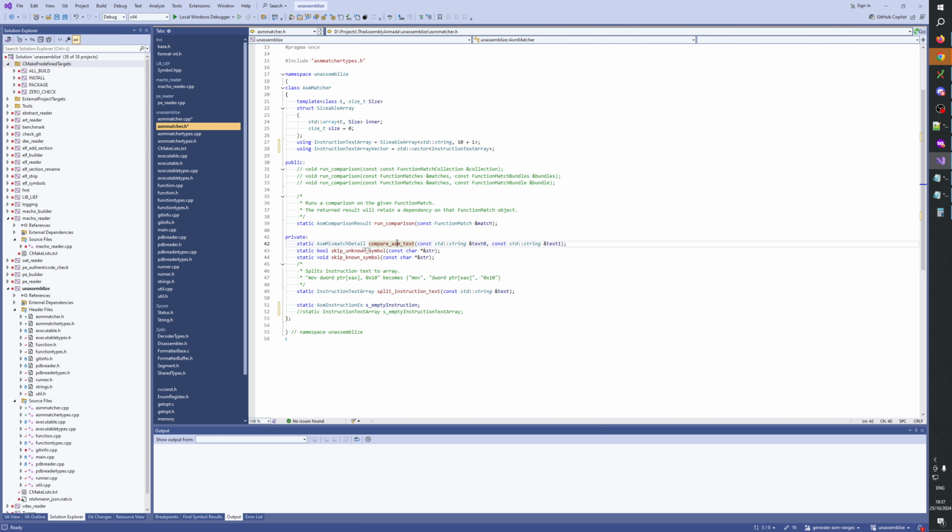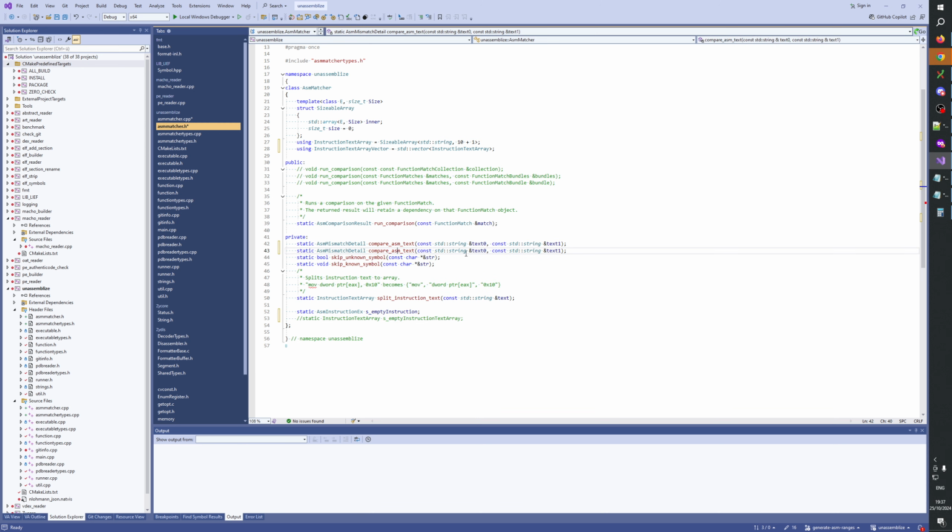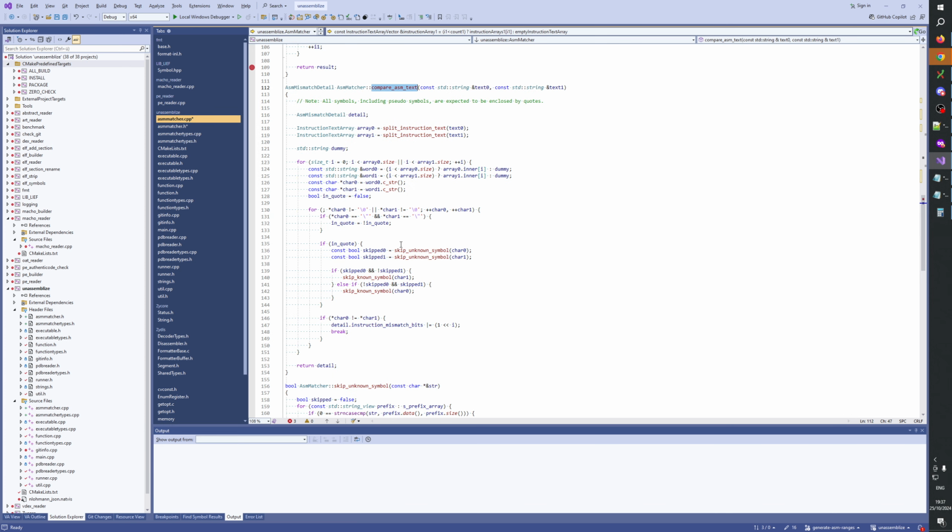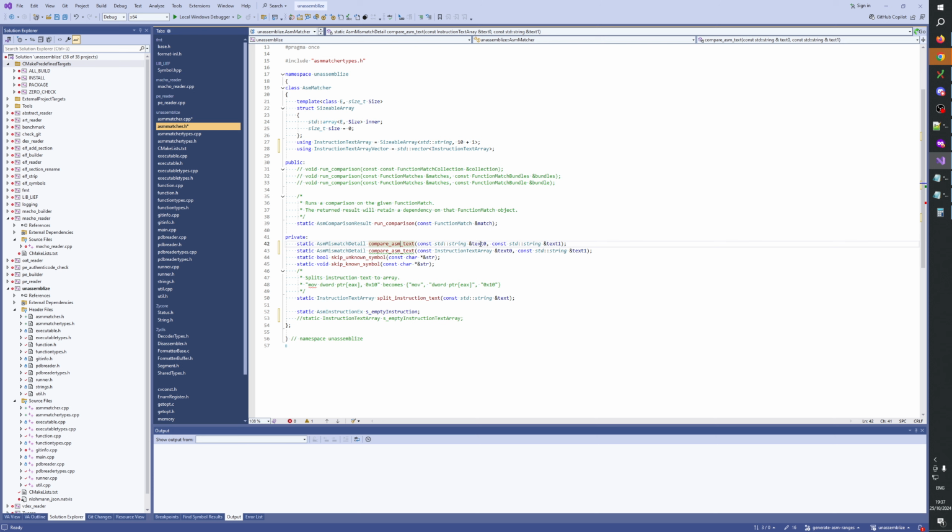And so we need a new function here with instruction text array. How did we call it in here? Hold on. Array 0. Okay, so we call this array 0. Here array 1.